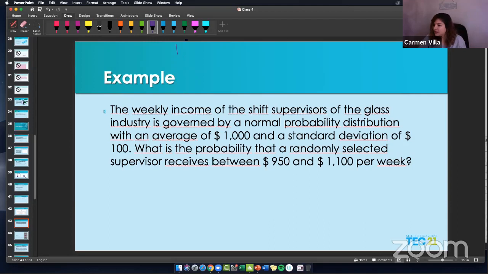in this binomial, we had the number of elements, or the sample size, remember? We have the probability for success.